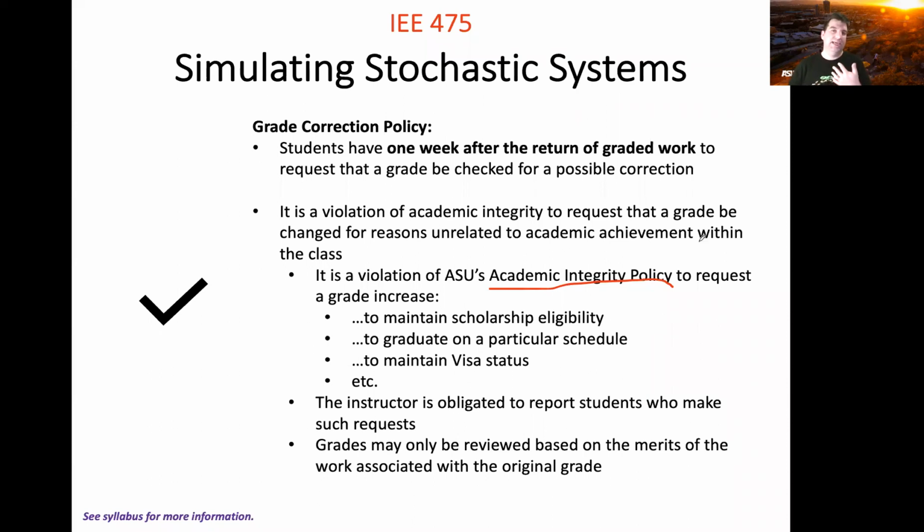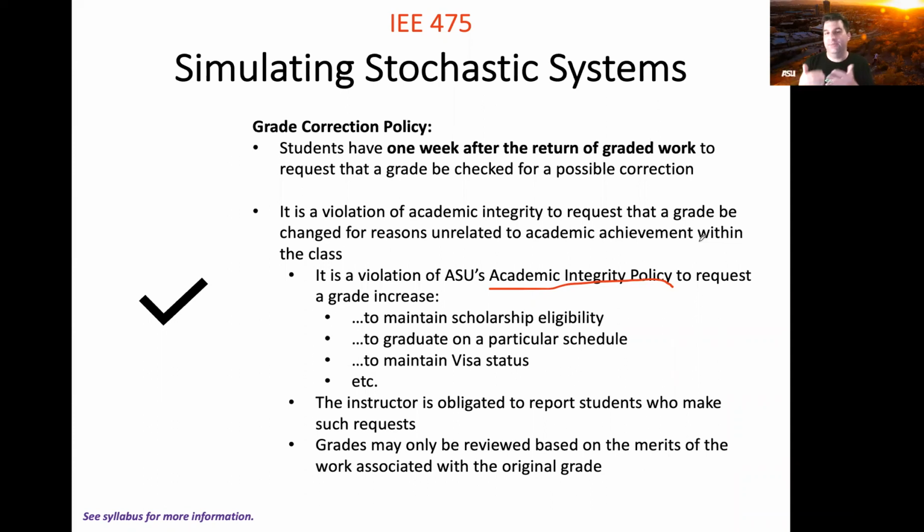If you come to me and say, oh, I got a B- on this assignment, if I would just get a B on this assignment, then I can maintain my scholarship eligibility, I am bound by ASU's code of conduct to report that as an academic integrity violation, because that's tantamount to cheating, for example. And so I am obligated to report students who make such requests.